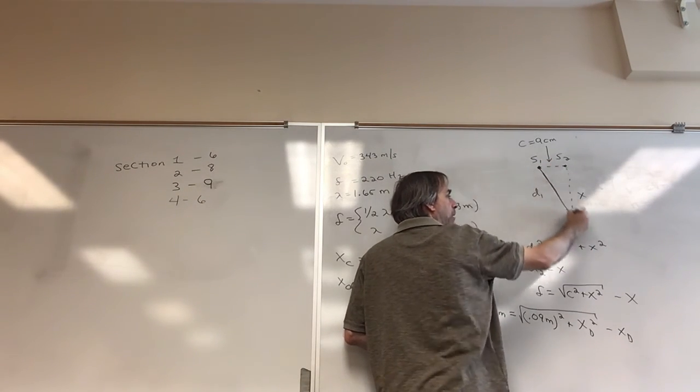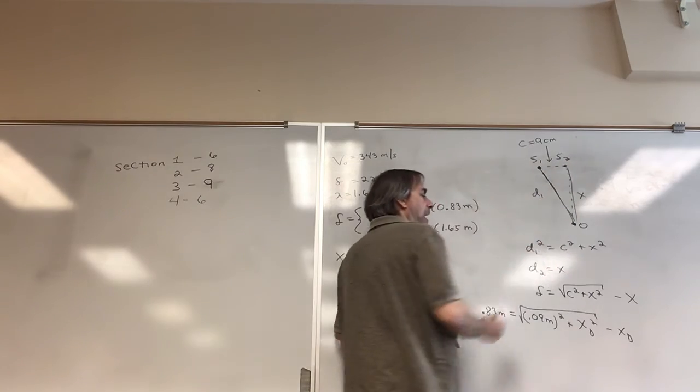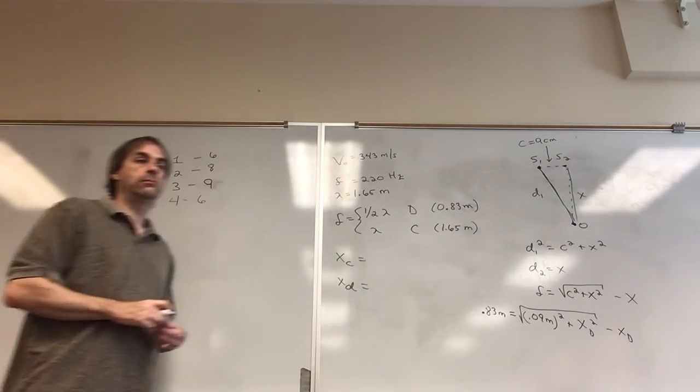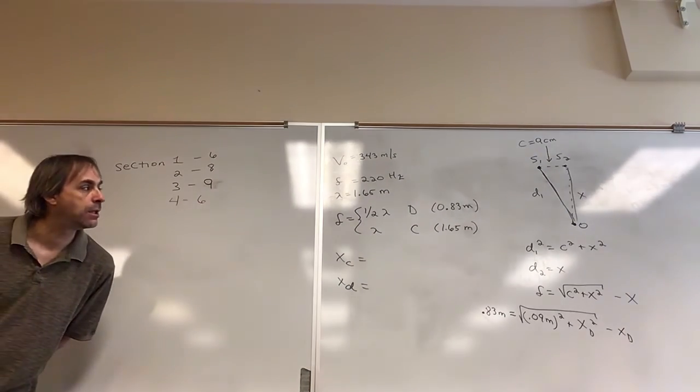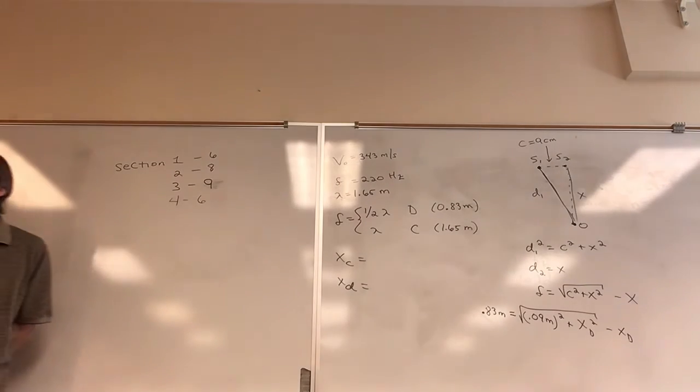So D1, D2 is just X. Okay. So yeah, distance from each speaker to the observer. And the reason there's a phase difference between the two sound waves is because of the path length difference.